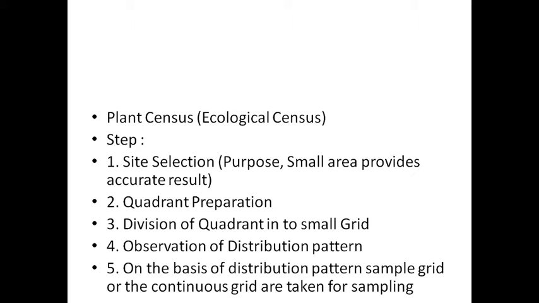You can select any area for that specific purpose, but site selection solely depends on the purpose. A small area provides accurate results.